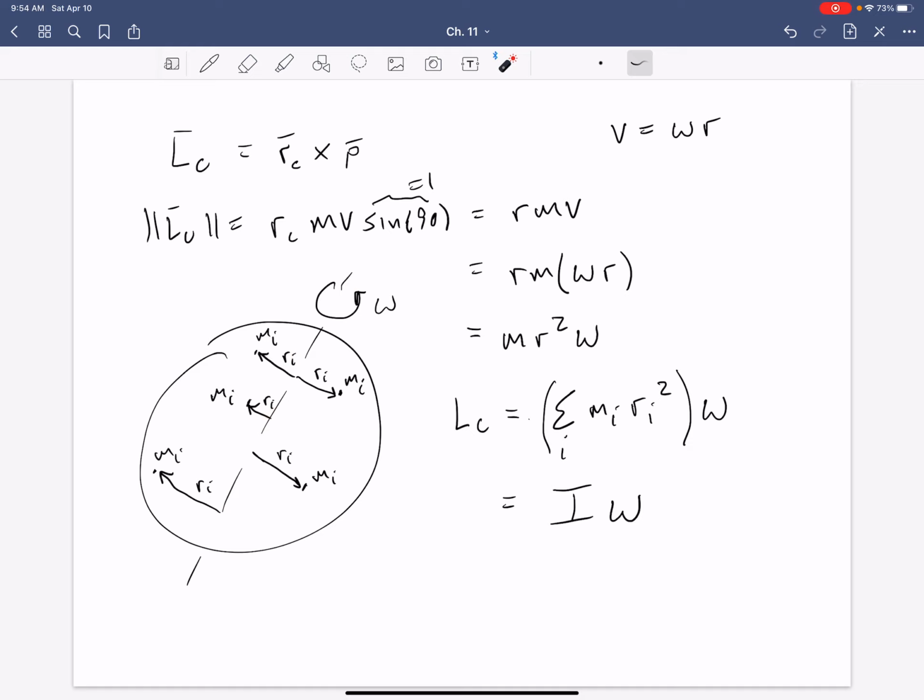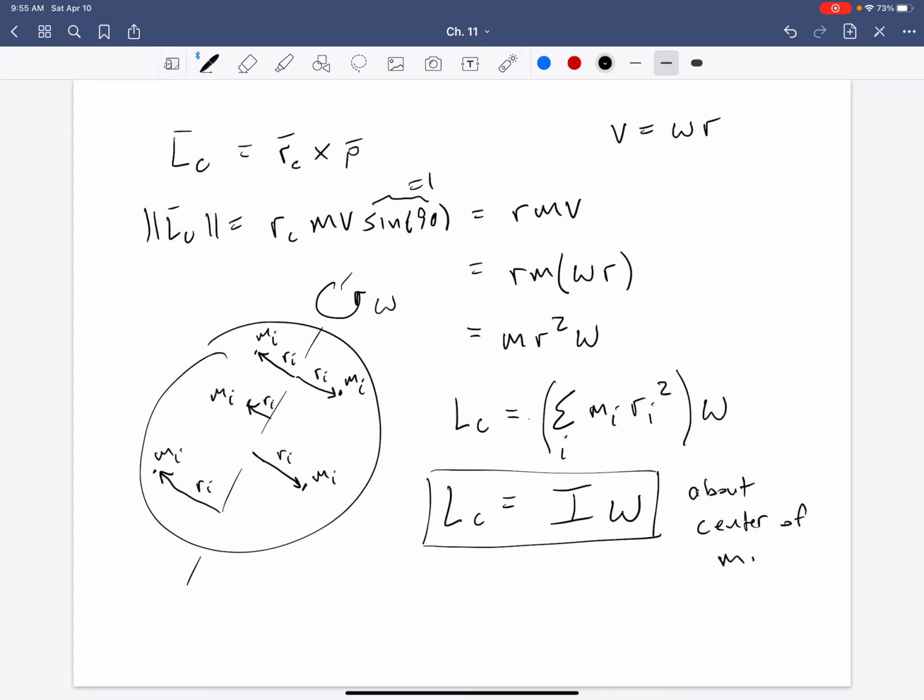That's what omega says. And so this expression now, the angular momentum about the center, or more specifically the center of mass of an object, is simply equal to I omega. Okay? So this is incredibly handy about center of mass, because it'll come up in later examples.